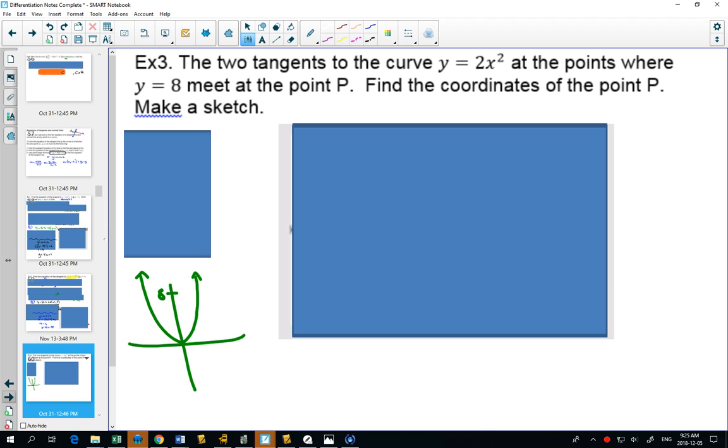At y equals 8, does it make sense that there are 2 points on the graph where the y value is 8? You could draw a tangent at this one, and you could draw a tangent at this one, and eventually those two tangents will intersect. We need to find the point where they intersect.